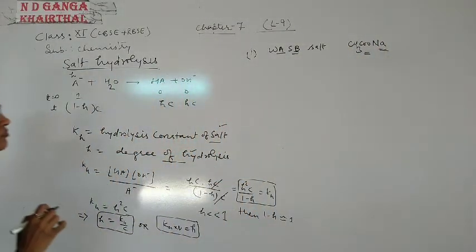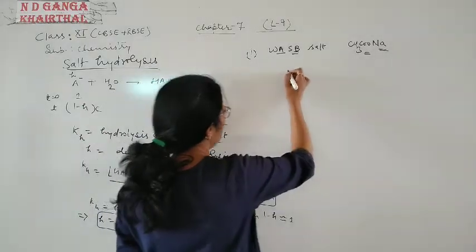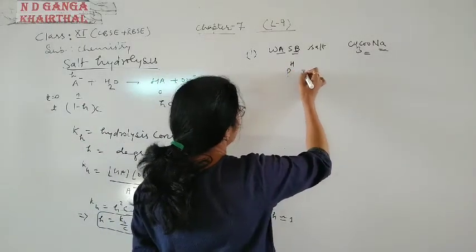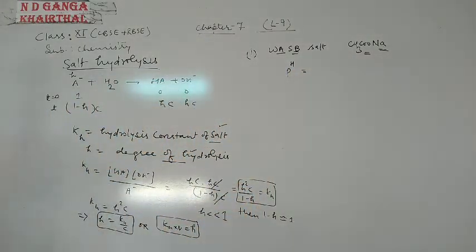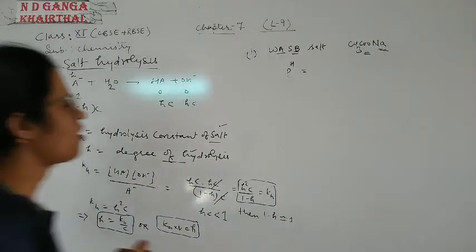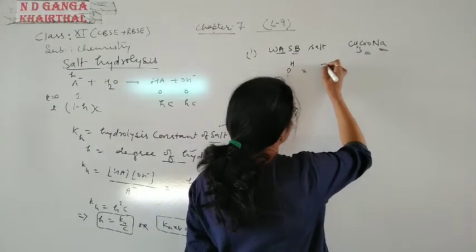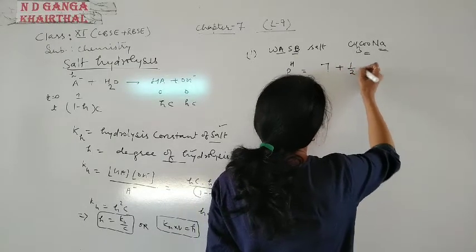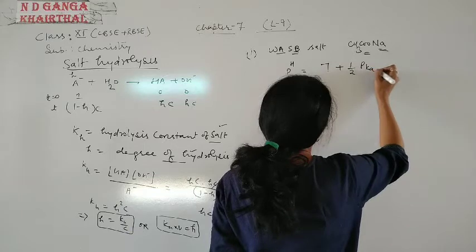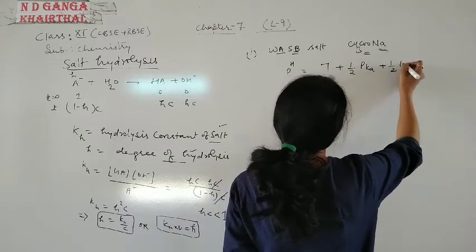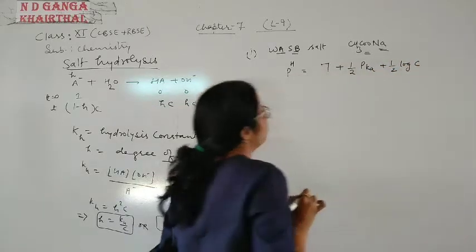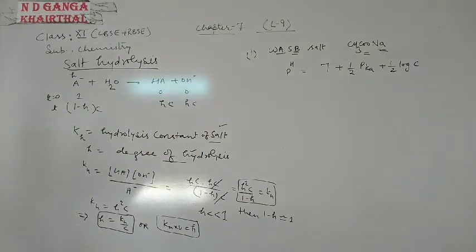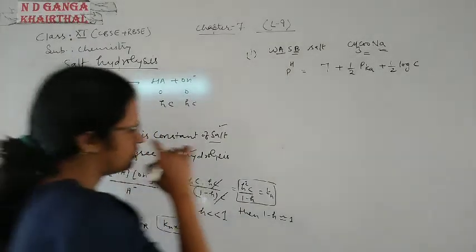So here, if we have to calculate for these salts, what will be the pH? For a weak acid, strong base salt, pH will be 7 plus half pKa plus half log C. You have to remember this. Clear?